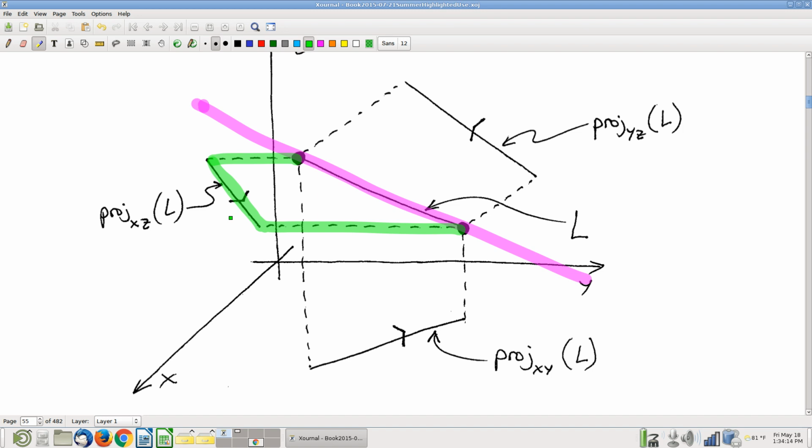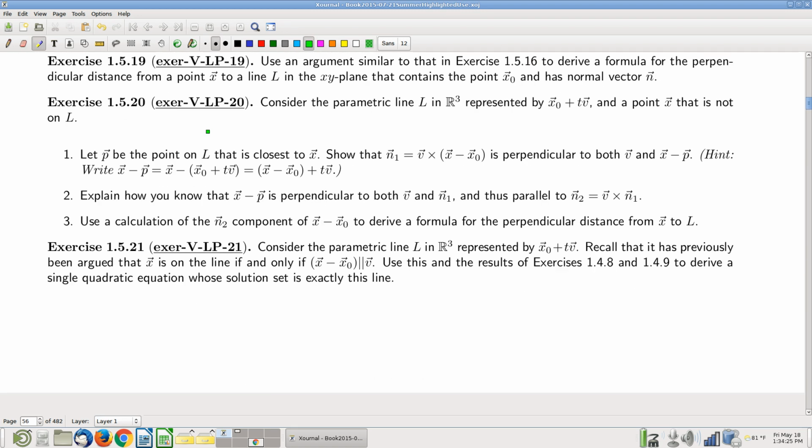And the argument's very similar. Anyway, I'm going to let you guys complete the argument, and then likewise for the third one. Okay, neat facts. Okay, so that was lines and planes.